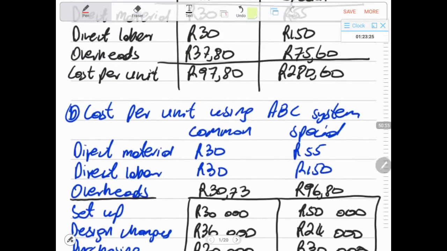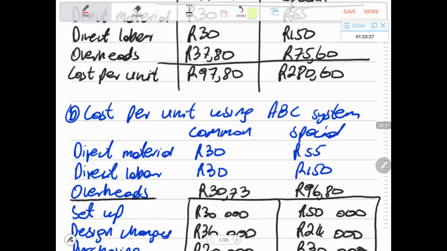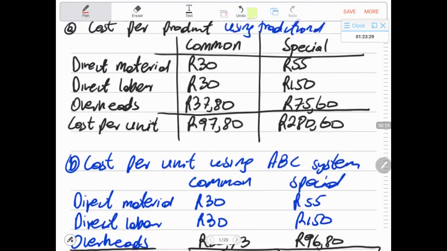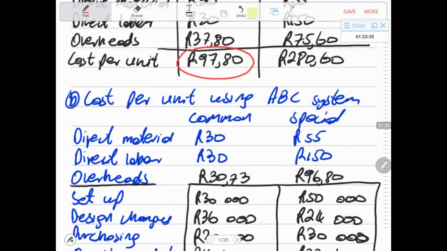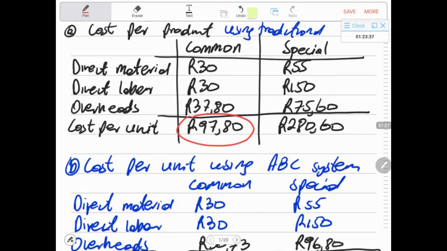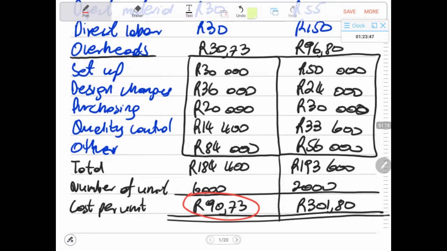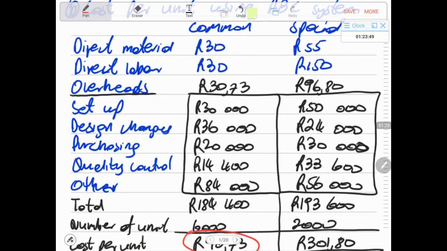Remember, ABC is said to be more accurate in terms of allocating cost, but here they have 97 rand 80 cents. So they allocating overheads using traditional method in this common product, it makes our cost per unit to be overstated because it's 97 rand 80 cents instead of 90 rand 73 cents.